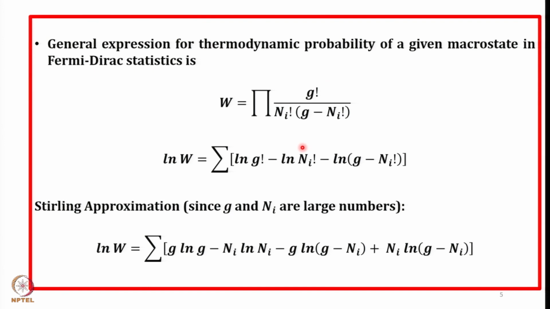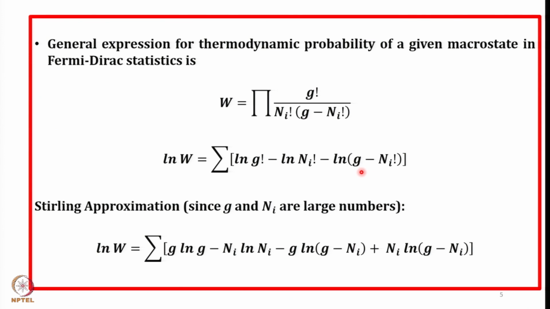In that case, we can use Stirling approximation. Let us use Stirling approximation. So log G factorial is G log G minus G. Log Ni factorial is Ni log Ni minus Ni. Similarly, log G minus Ni factorial is equal to G minus Ni log G minus Ni minus G minus Ni.